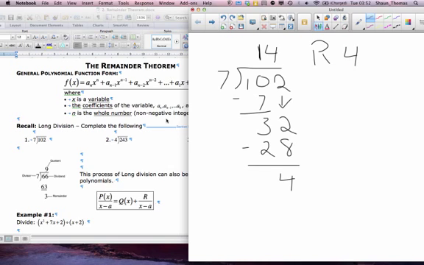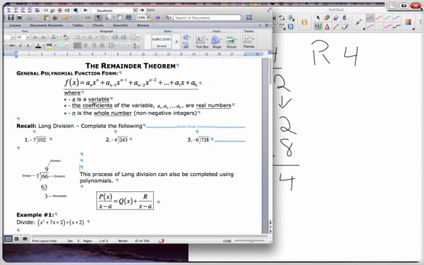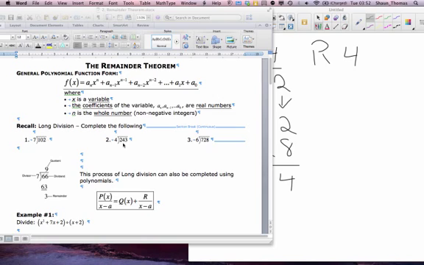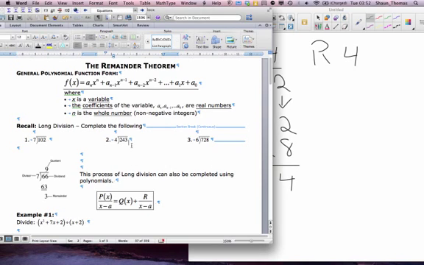If you now go back to our second one, what you should find is that if we take 243 and divide that by 4, your answer will be 60 with a remainder of 3.